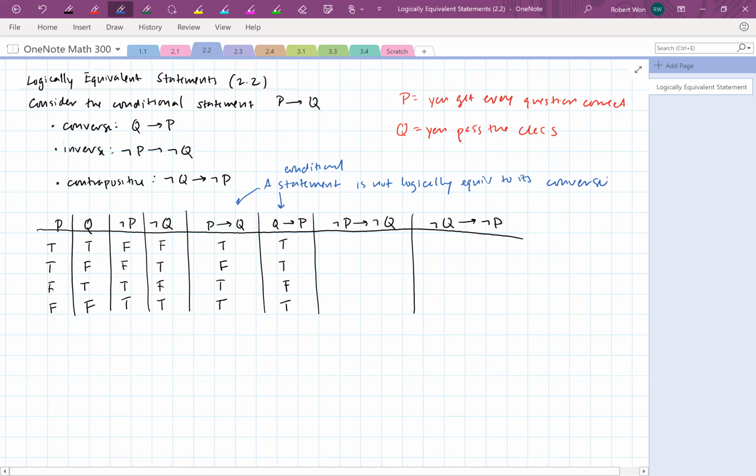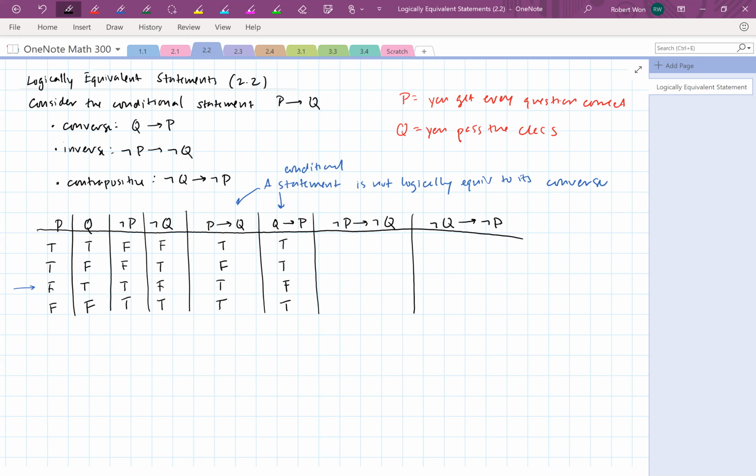Right, so you can even see why, maybe in the third row, this is a situation that most of you will be in this class, where you're not going to get every question correct, but you will pass the class. And you see that the conditional and its converse have different truth values there.